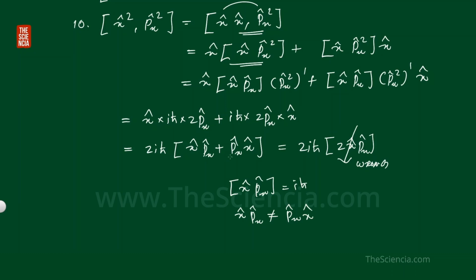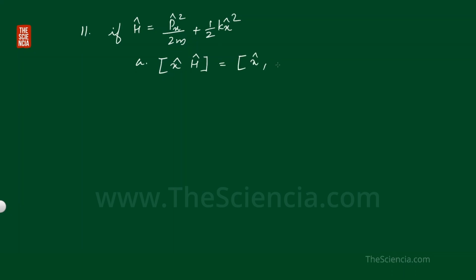So we can add this term and write it like this one. This is wrong because x cap px cap and px cap x cap are different, because these operators do not commute with each other. So this is the answer. But if you are using the Poisson bracket, you can add, because in the Poisson bracket the order of x and px is not important. But in the quantum mechanical commutator bracket, the order of the operators is very, very important.